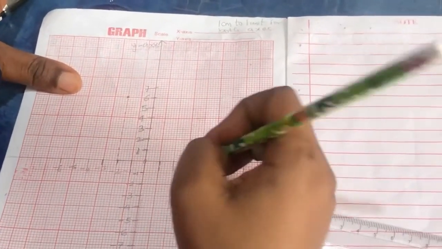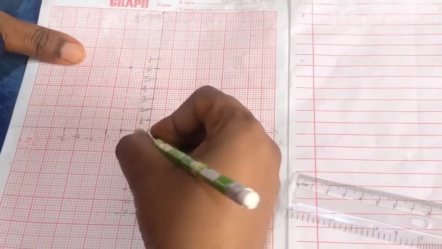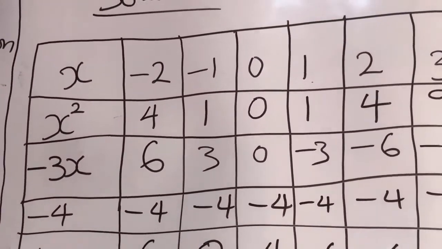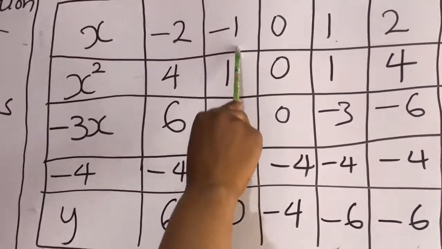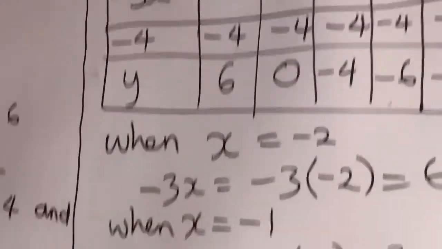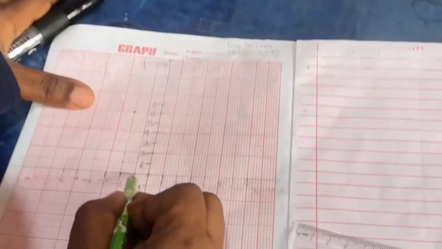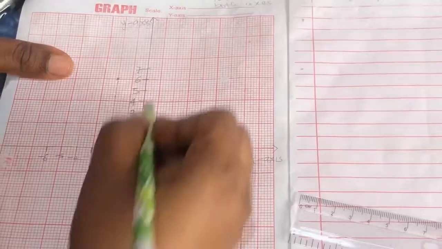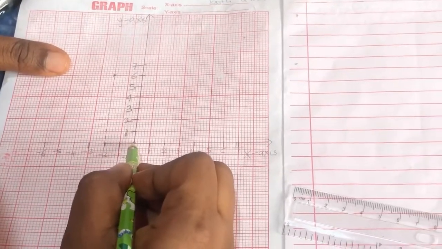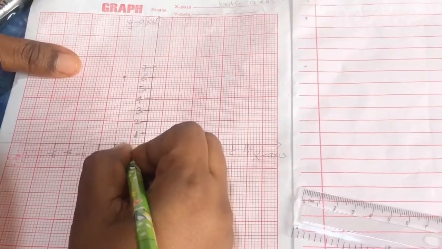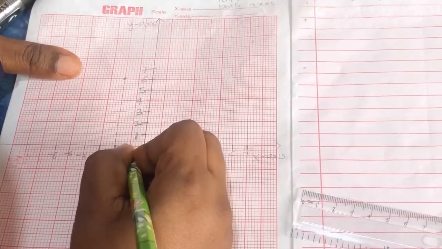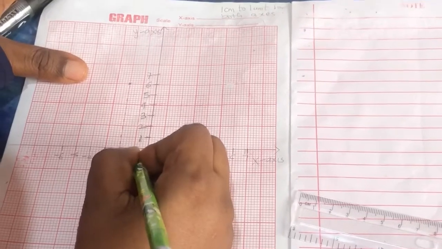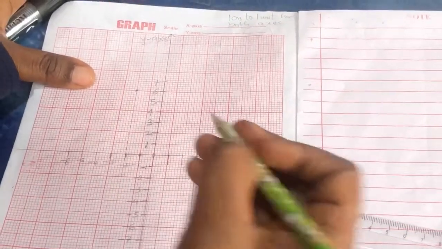Now, when x is equal to minus 1, y is equal to 0. This is when y is equal to 0 and also when x is equal to 0. So you place the pencil on x minus 1, y 0, and asterisk it exactly on that point.